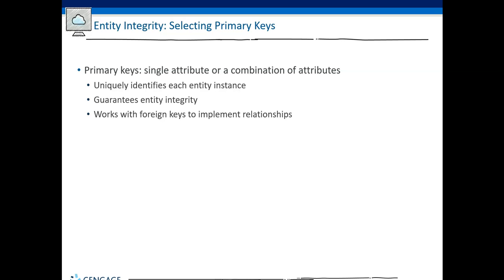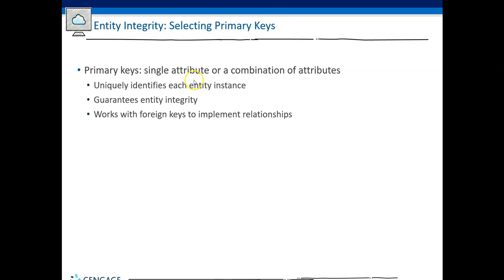But anyway, primary key. So let's talk about primary key. So entity integrity. If you have primary keys, you have entity integrity. So entity integrity means that every record is different from every other record. You don't have any duplicate records or duplicate rows in a table. If you have duplicate rows in a table, then you don't have entity integrity. So basically, having a primary key guarantees that you have entity integrity because primary keys are unique.